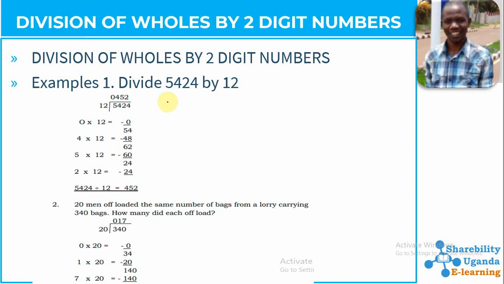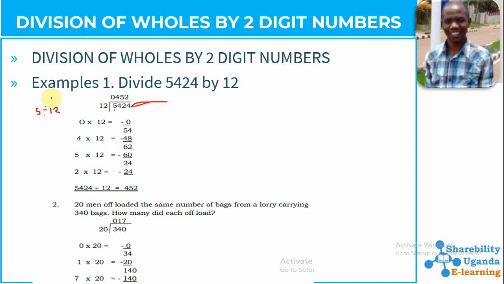In this number which is given, what we have to do is to get the first number, which is 5. We say 5 divided by 12. When you say 5 divided by 12, it is impossible.